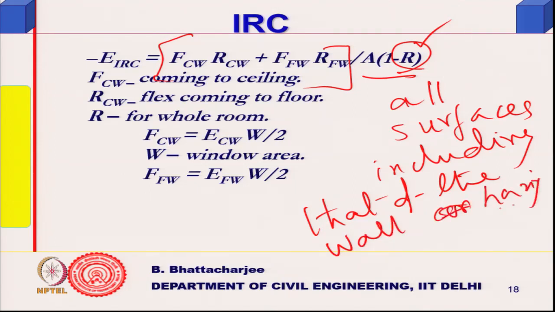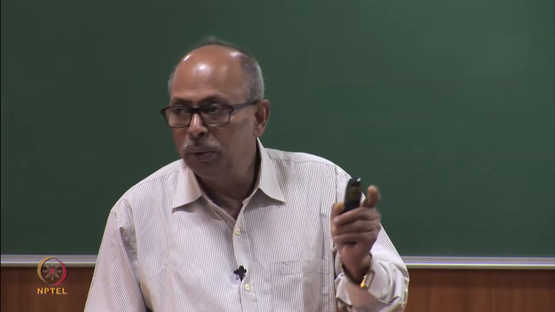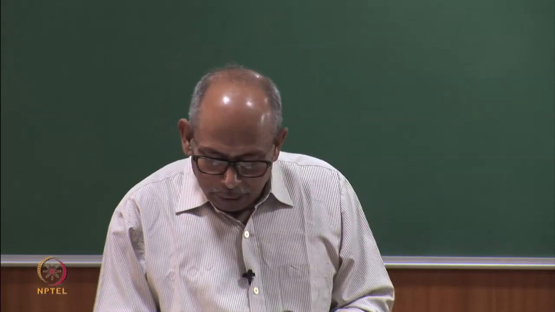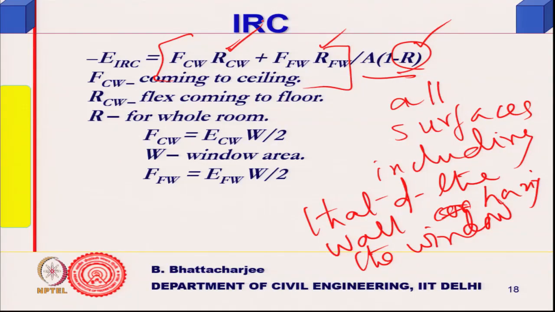So, you take this for all, while this you take leaving the wall on which the window is, and only this is for the ceiling and this is for the floor, and this flux is now to be assumed. What we are saying is the flux coming to the ceiling, and this should be the flux coming to the floor. So, R is for the whole room, that is what I am saying.